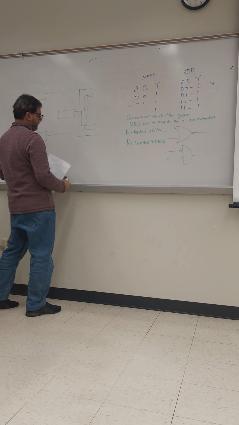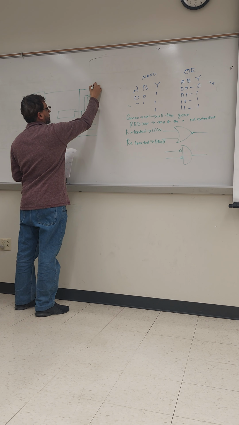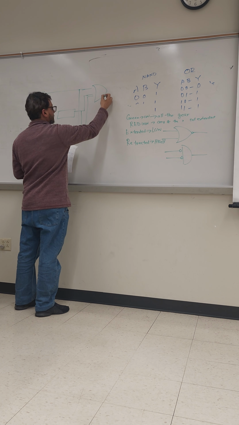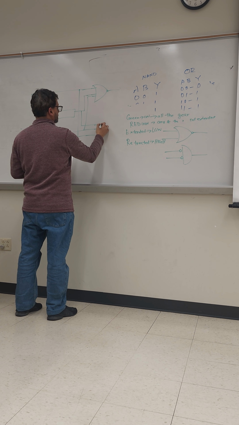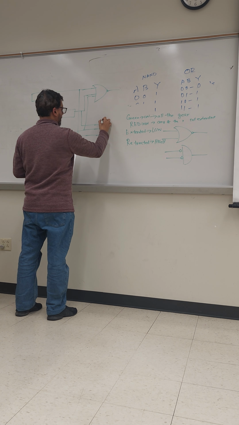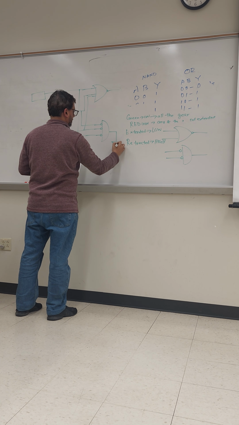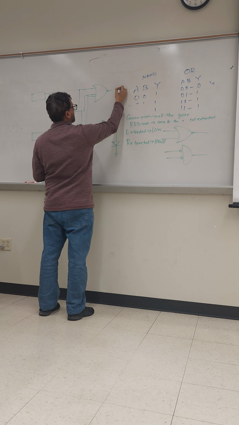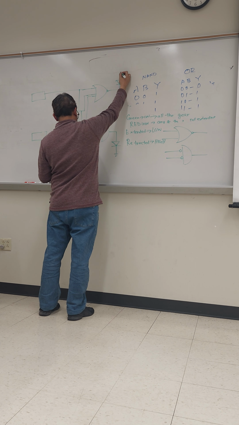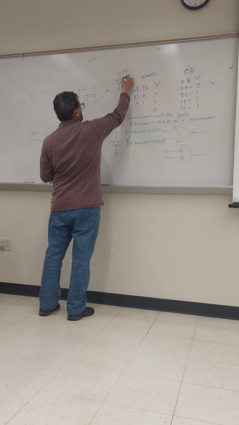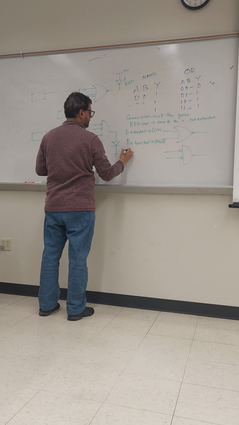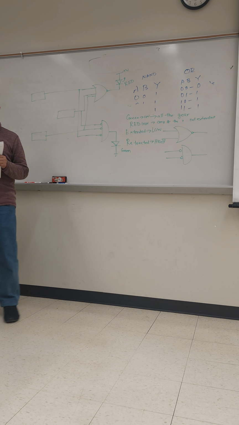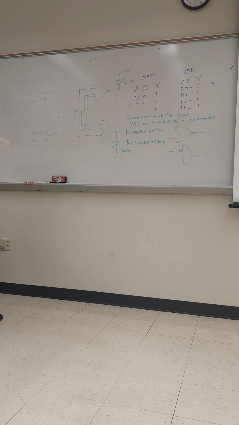Now we have to use this one, and we can input this one. Then we have the LED. So this is the red one. Retraction will be high.